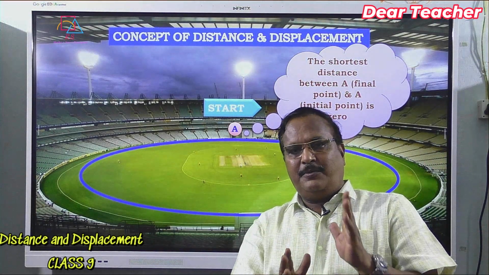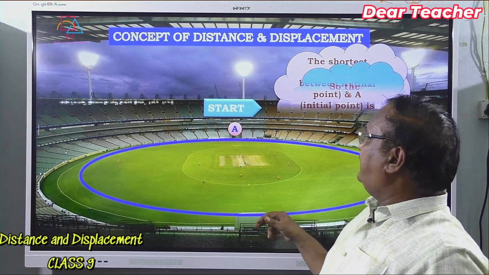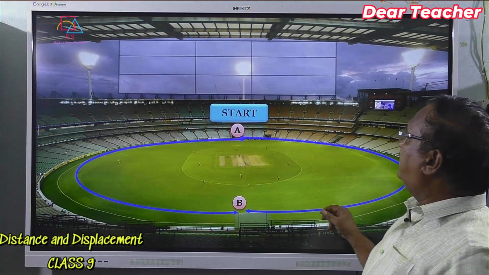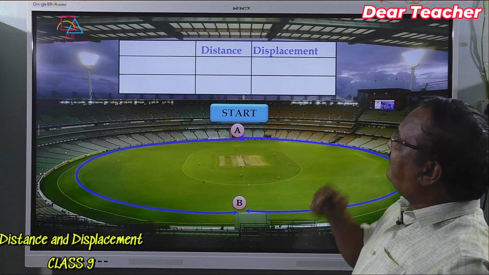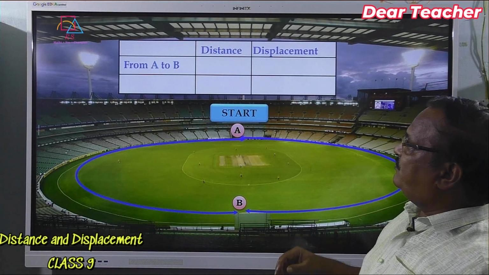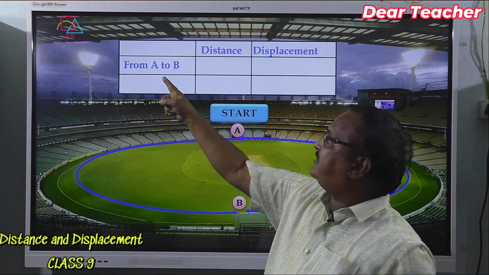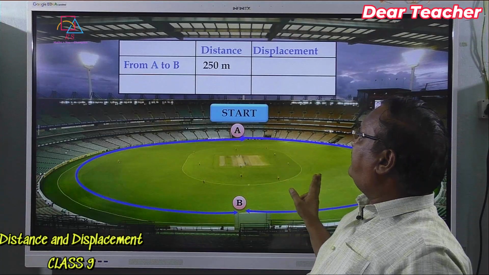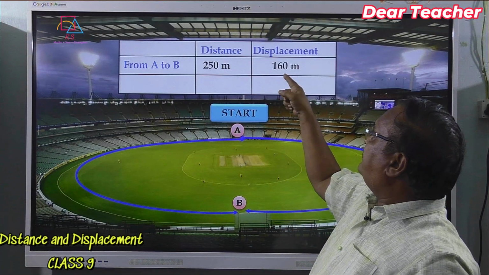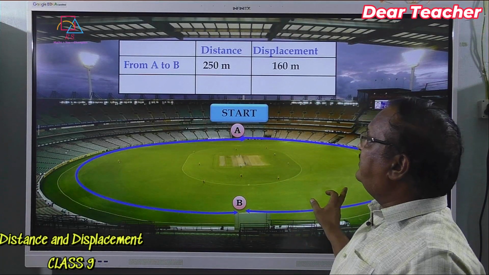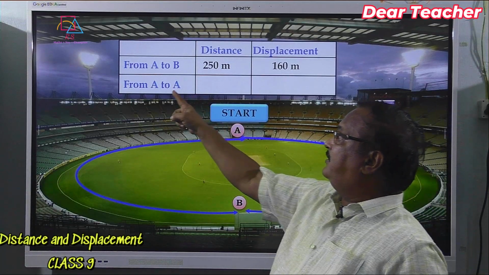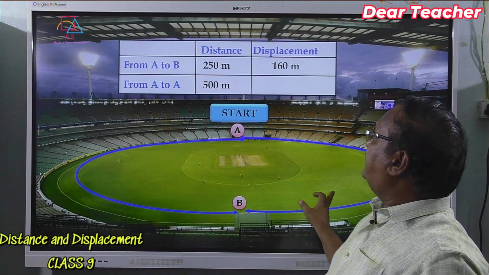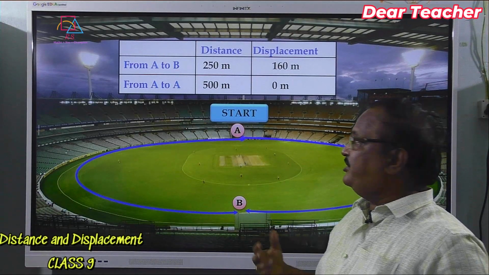So this is about distance and displacement. Now let us tabulate the data. In the first case, A to B, the distance is 250 meters and the displacement is 160 meters. Now A to A, the distance is 500 meters and the displacement is 0 meters.